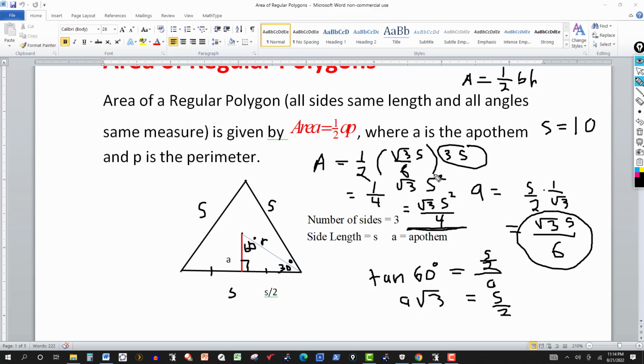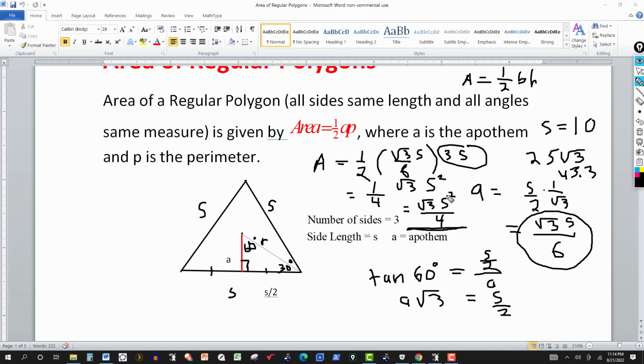So the area of an equilateral triangle that has one side of 10 units is 25 the square root of 3 times the square root of 3, which is 43.3. So this comes out to 43.3 square units.